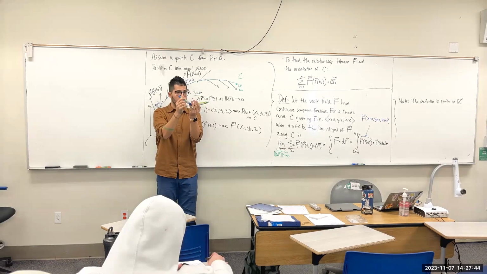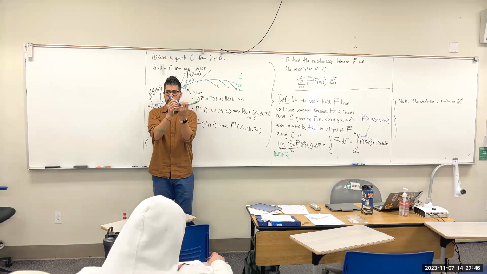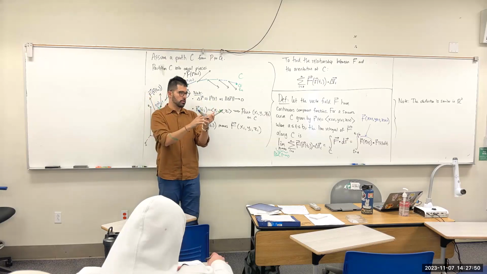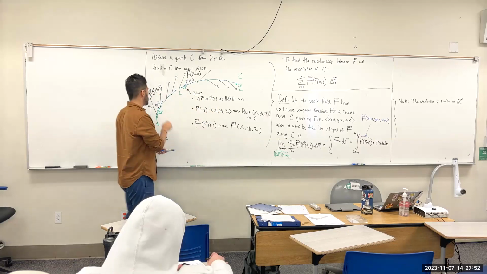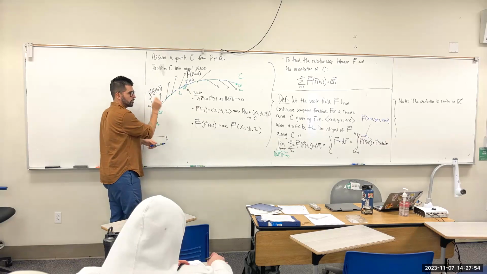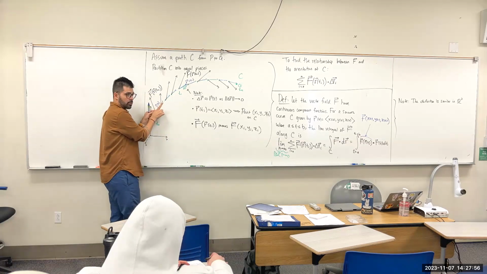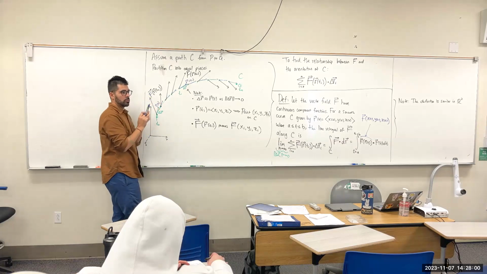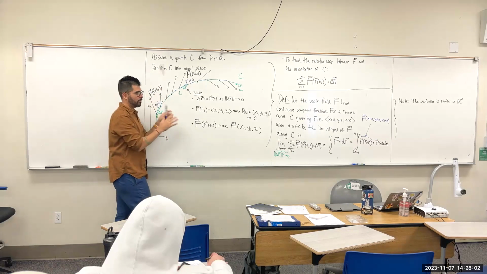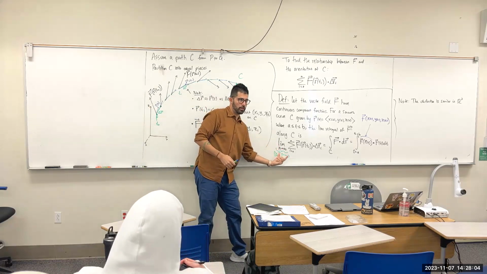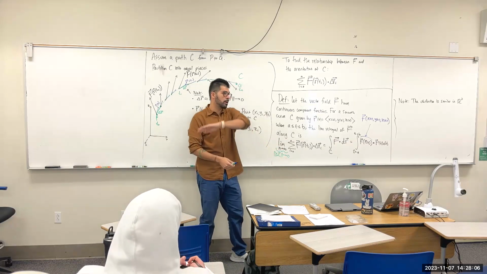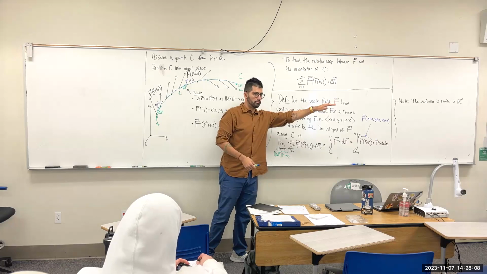If the dot product is negative, the angle between the two vectors is bigger than 90, so they're going to be relatively pointing in the opposite direction. Okay? So now just imagine every single point you're doing that. You're looking at its tangent vector and the vector field's vector, and you're taking the dot product. Every single point. That's kind of what is happening as the limit goes to it. And then you're summing up that infinite sum of dot products.